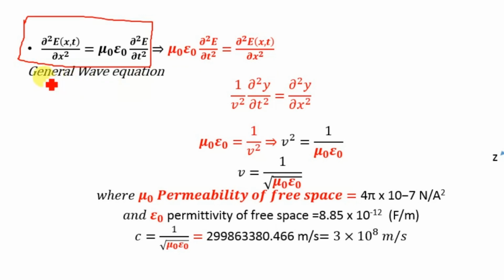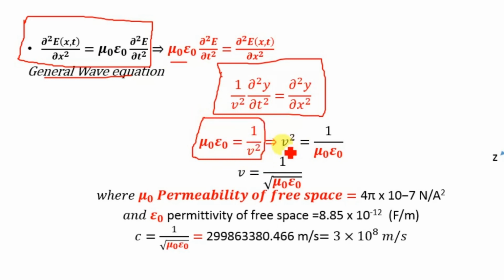The general wave equation we know is 1 over v squared ∂²y/∂t² is equal to ∂²y/∂x². From this we can write that mu naught epsilon naught is equal to 1 over v squared.